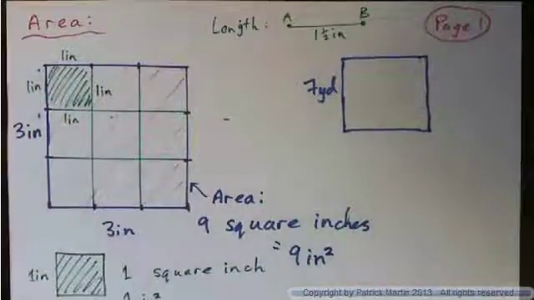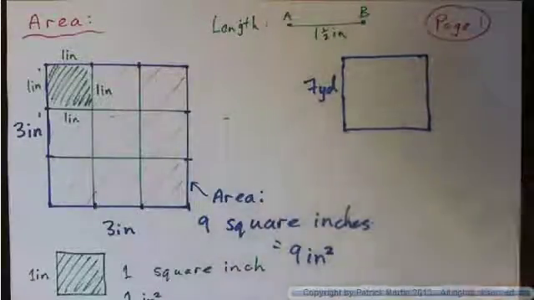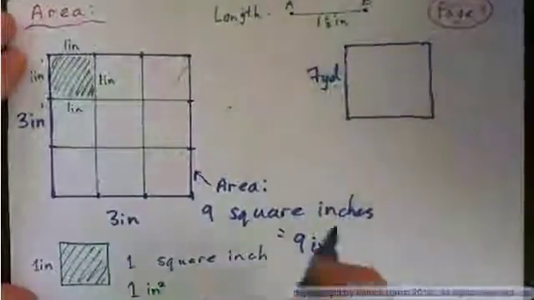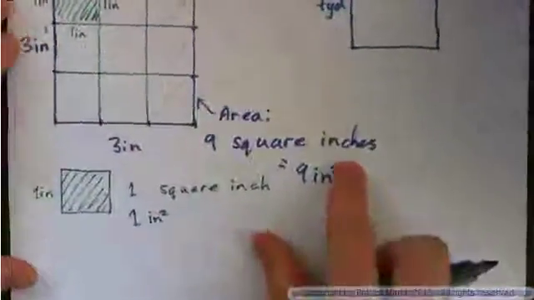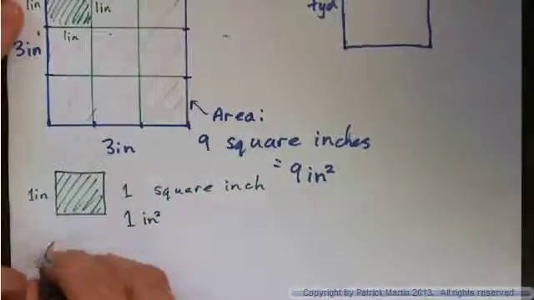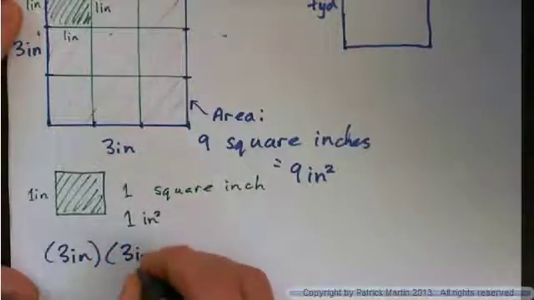And by the way, instead of having to draw things out, one way of calculating the area is to multiply the length of one side by the length of the other side of a square or rectangle. So we could go 3 inches multiplied by 3 inches.